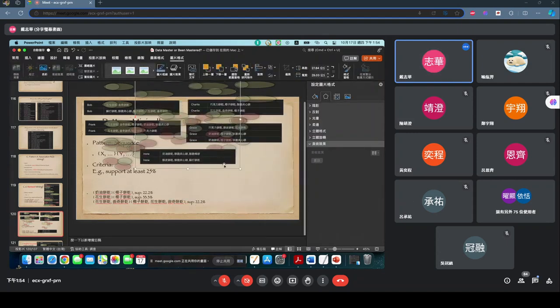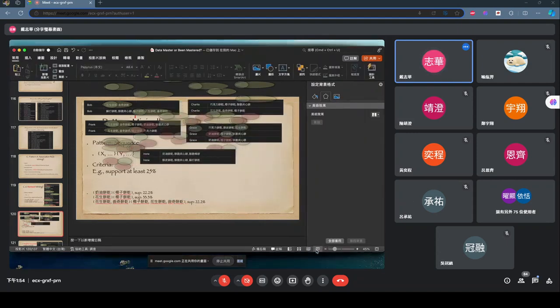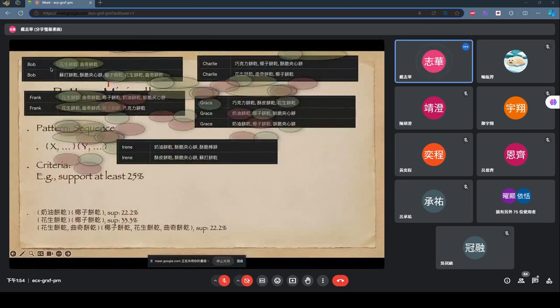So here, from the previous table, we could get 5 data records. We have 5 customers who have sequential purchasing behavior. What does sequential purchasing behavior mean?